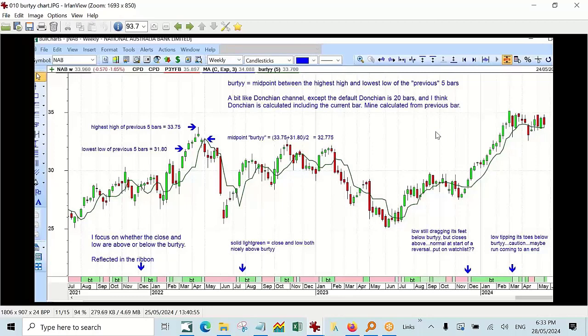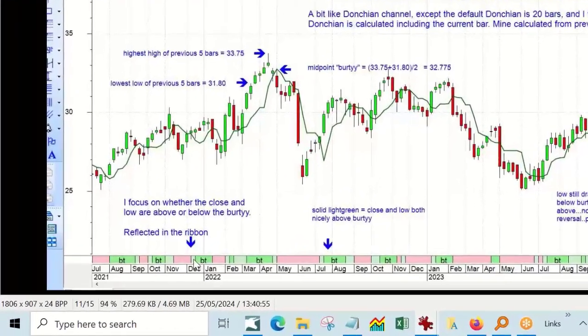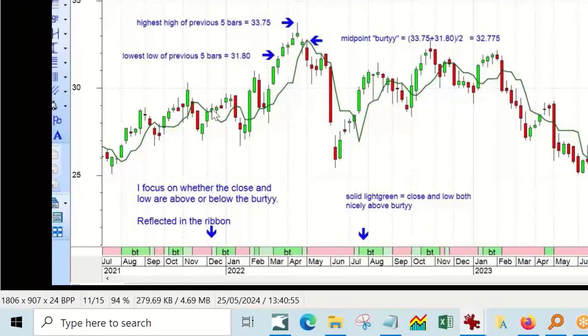And I like to see, in a good trend, the price above the Burtyy. I treat the signs of life as a precursor to be on my guard sometimes, but I actually like to see it going above the Burtyy itself. And similarly to the other indicator I showed you, the light green is where the low is still dragging its heels below the Burtyy, whereas the close is above.